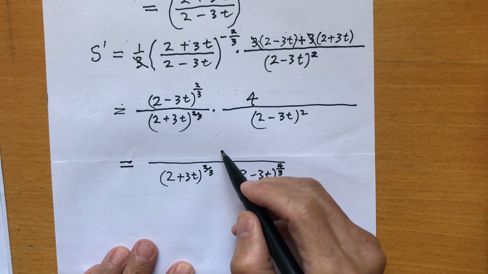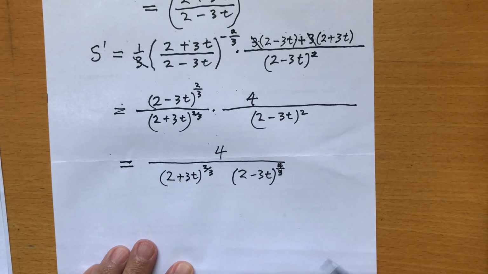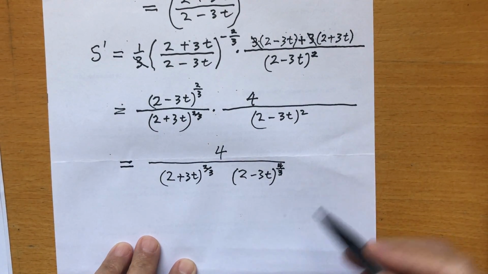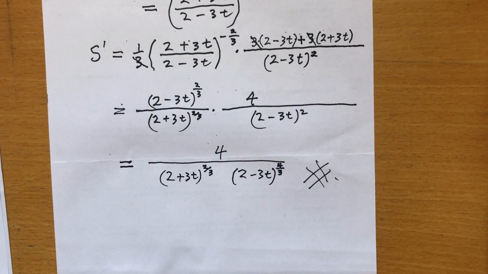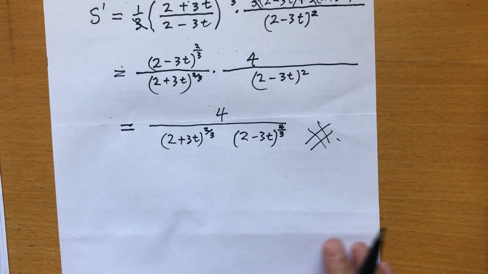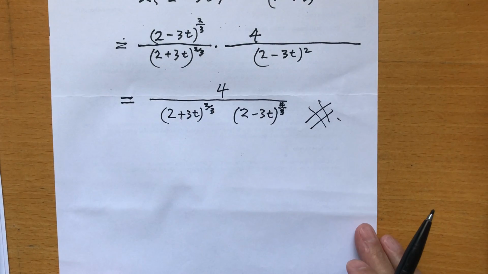The top is just 4, right? Finished. This is my answer. So I have 2 examples of the quotient rule. Okay, this is the second part of the quotient rule.